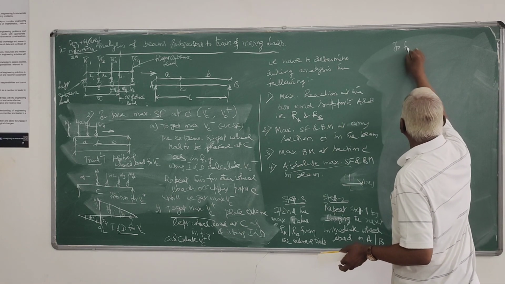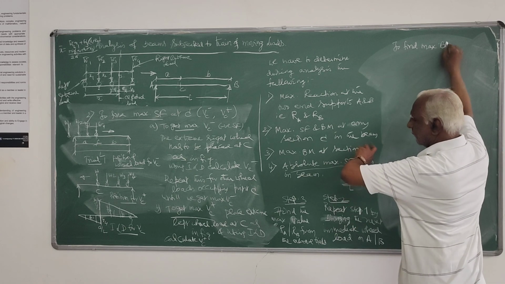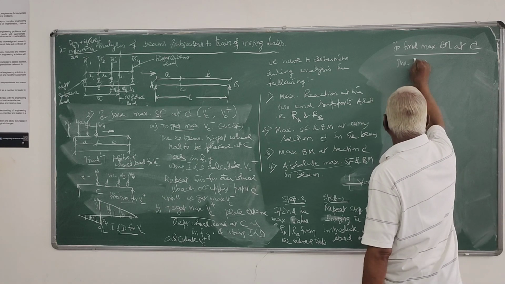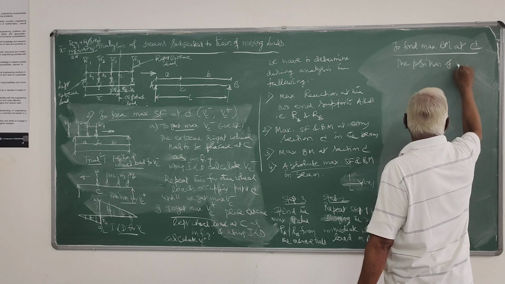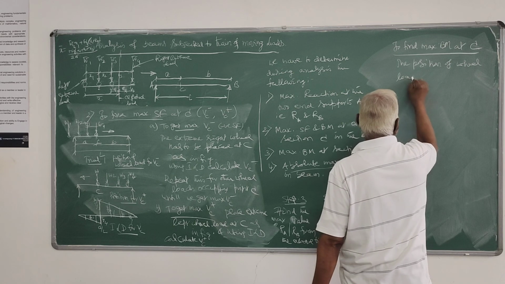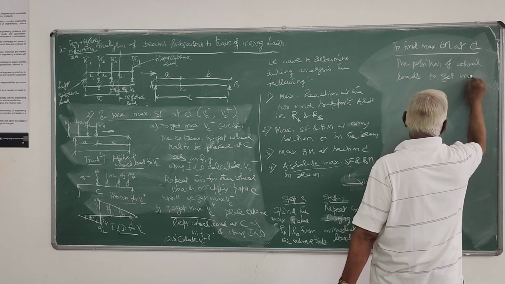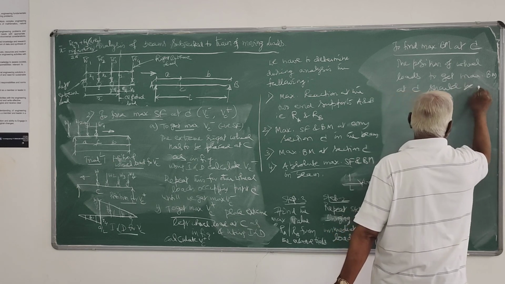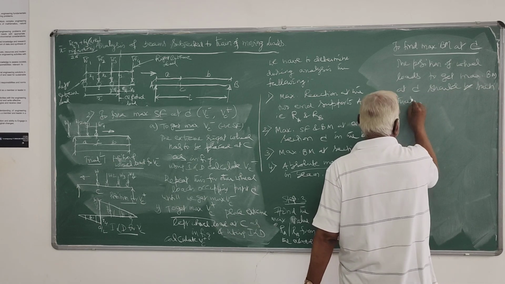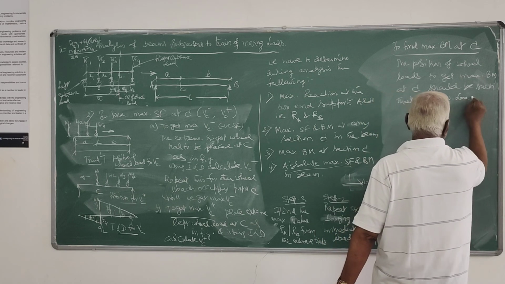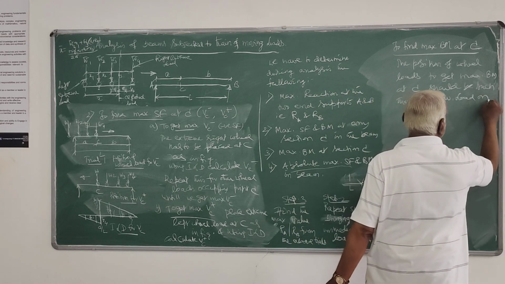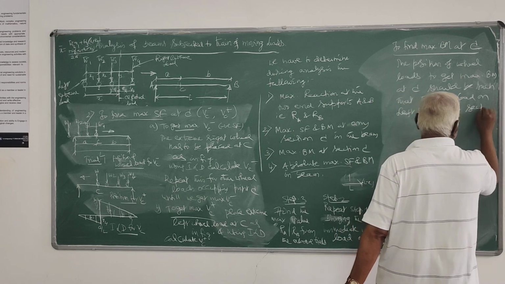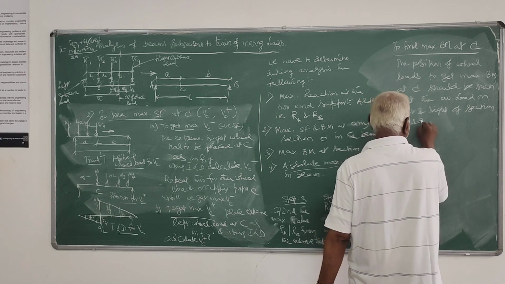So next, to find maximum bending moment at C, the position of wheel loads to get maximum bending moment at C should be such that the average load on left and right of the section should be the same.